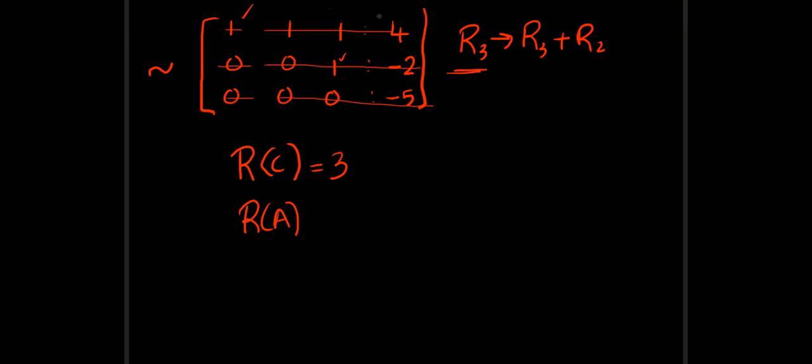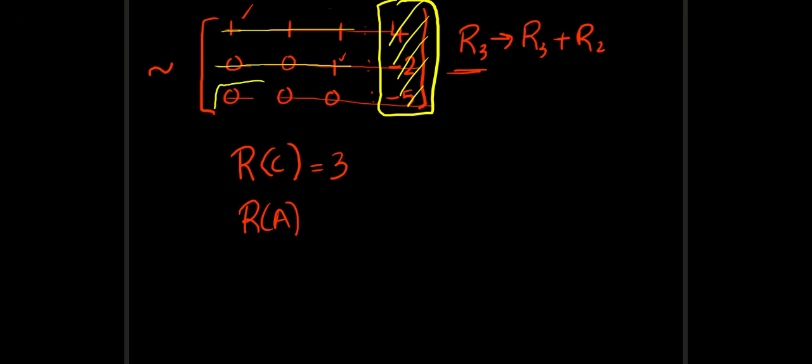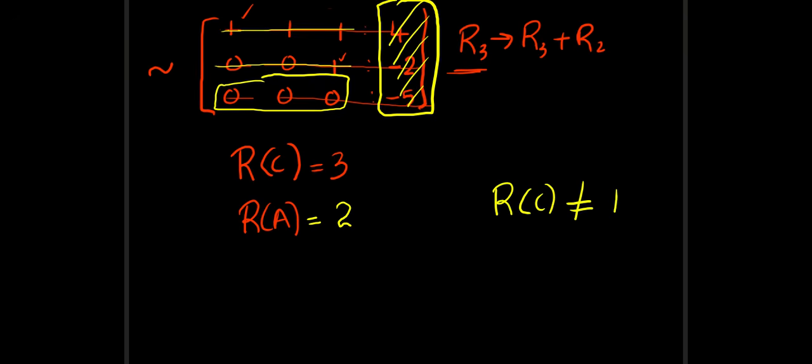You hide or you forget about the last column and focus on the rest. Okay, first row is non-zero, the second row is non-zero, the third row is a zero row. That means the rank is equal to number of non-zero rows, that is equal to 2. Okay, so look at this. Rank of C is not equal to rank of A.